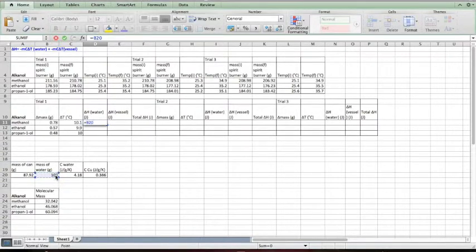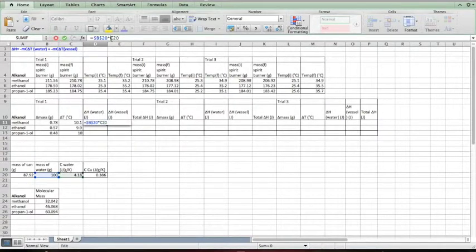Equals 100. Now because you don't want that one to change when you drag it down, you actually need to put dollar signs, which tells it not to move. That one, times, we use an asterisk for times in Excel. This one, our specific heat capacity for water.